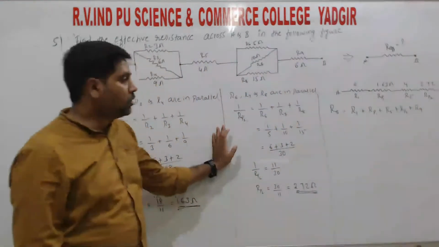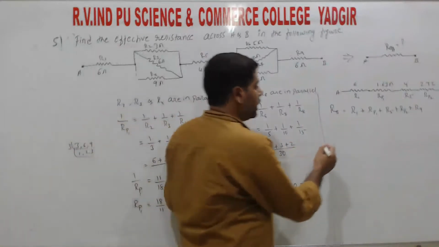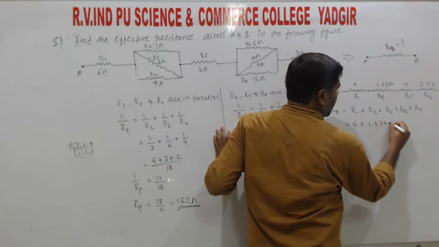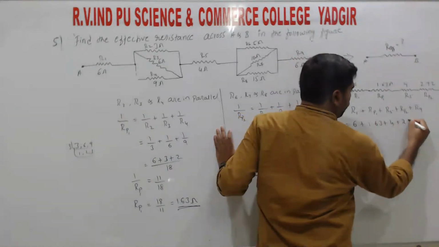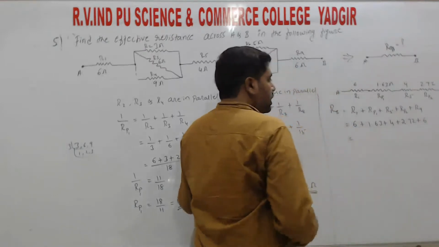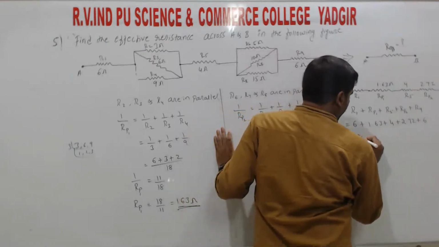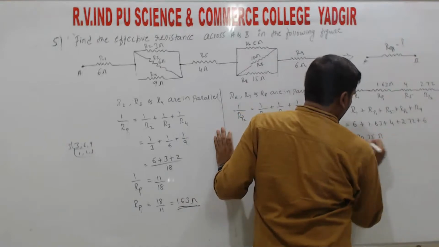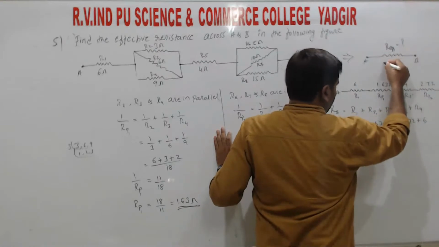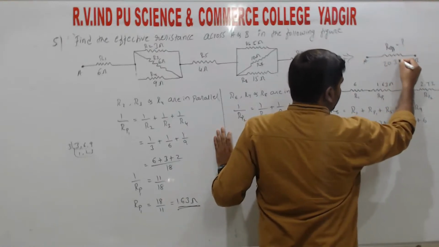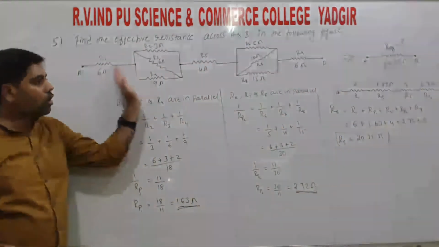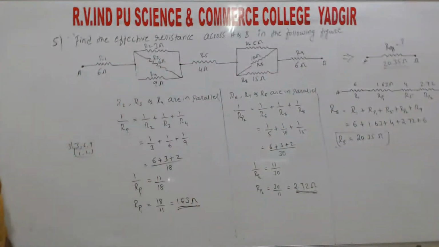So simply we add, we get the value 6 plus 1.63 plus 4 plus 2.72 plus 6, right? So almost we get 20.35 ohm. This is the equivalent resistance of the circuit, 20.35 ohm. That is the effective resistance of the overall combination, right?